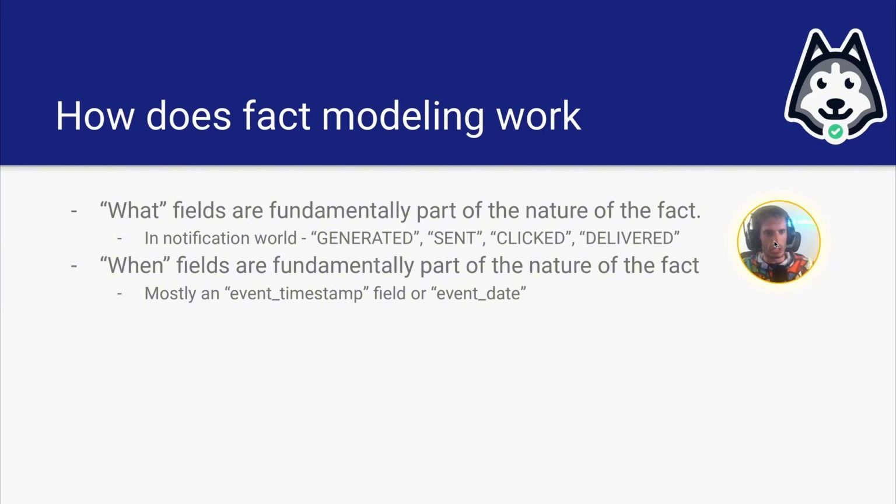And you can think of all sorts of what fields: someone made a transaction, someone took a step, someone did some sort of event, someone threw a party. There's all sorts of different events that can happen that are the what. Think of those what events usually as atomic, because you could think of an event that's a little bit higher level.